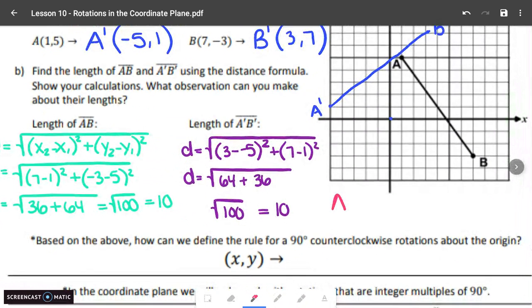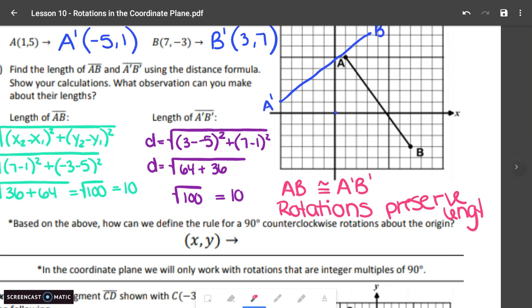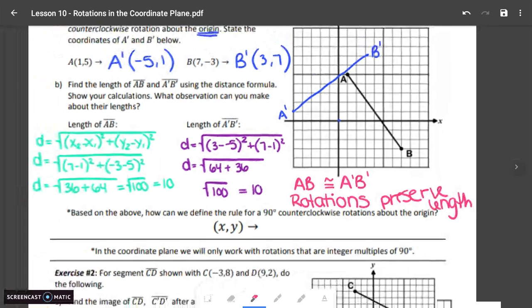Like AB is congruent to A prime B prime. Well, think about what kind of transformation this is. It's a rotation, and we should know that rotations preserve length and angle measure, but we just saw it in the length. Okay, remember it's a rigid motion.